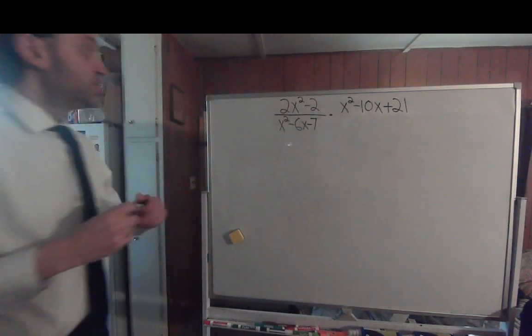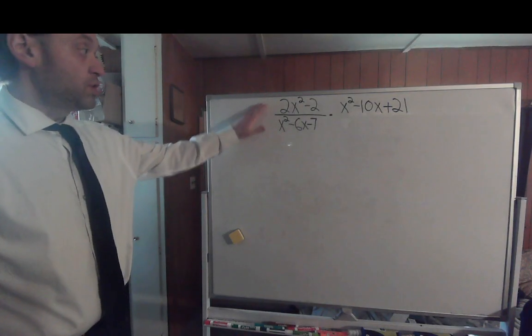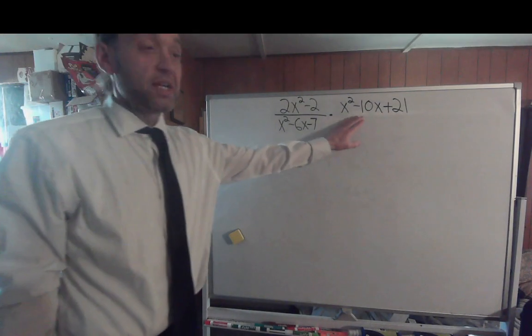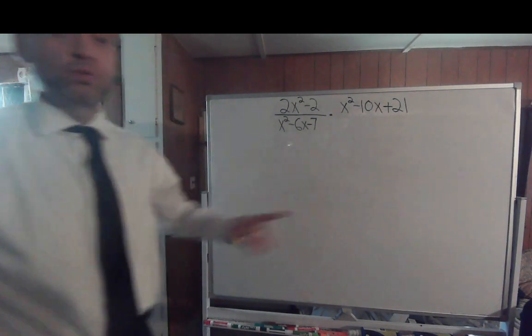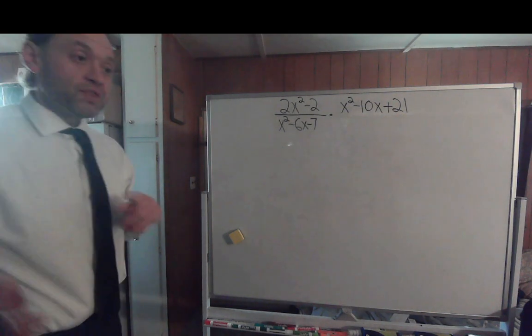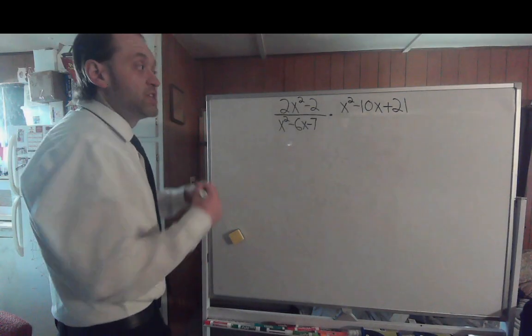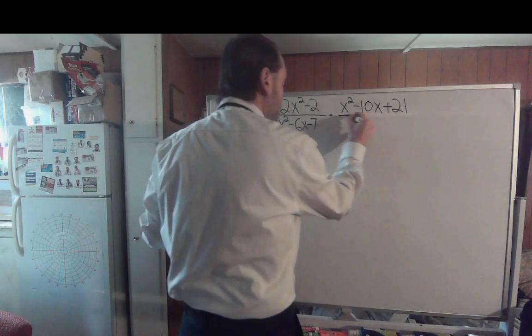Alright, so we have 2x squared minus 2 over x squared minus 6x minus 7, all that times x squared minus 10x plus 21. Well, one thing to note, we don't have a denominator on the second term, which means we have a default denominator of 1.